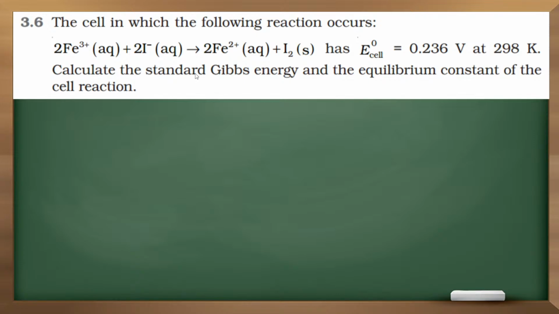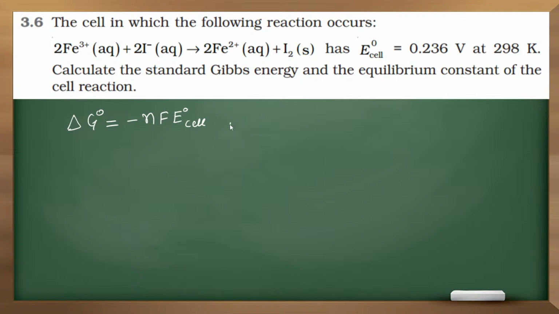So calculate the standard Gibbs energy and the equilibrium constant of the cell reaction. Standard Gibbs energy. So to calculate standard Gibbs energy, the relation is delta G naught is equal to minus nF E naught cell.